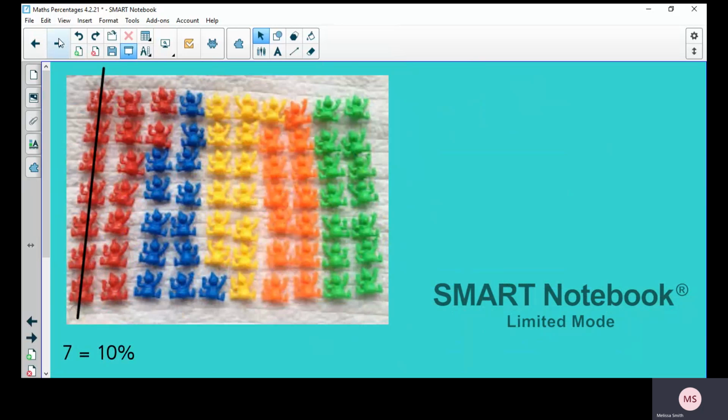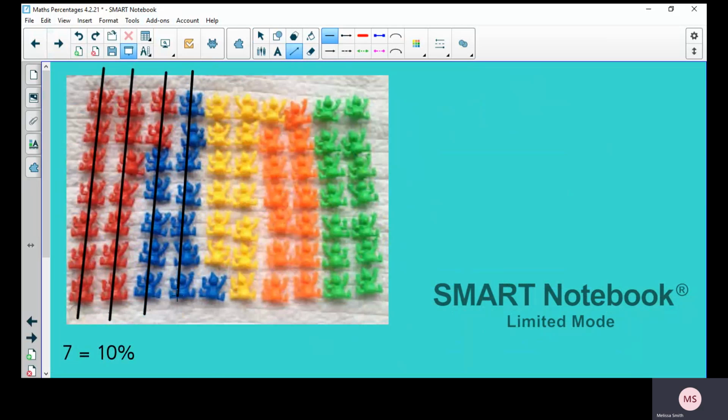And we can see that here, that 7 is equivalent to 10% of these monkeys. And if I had another 7, that would be 20%. Another 7, what would that be? 30%. Another 7, 40%. 50%.